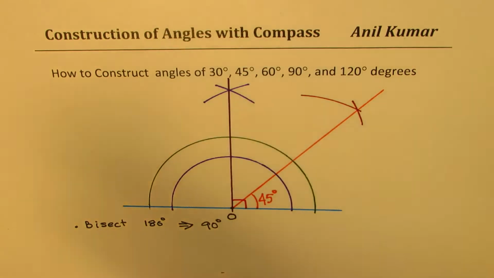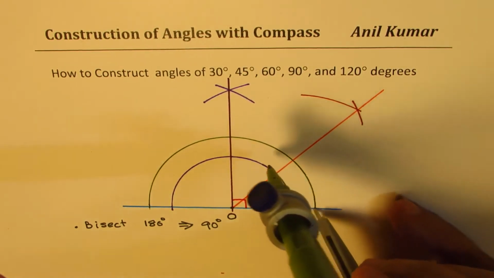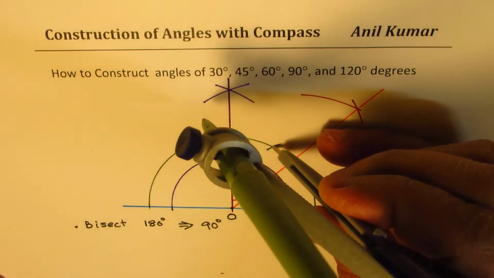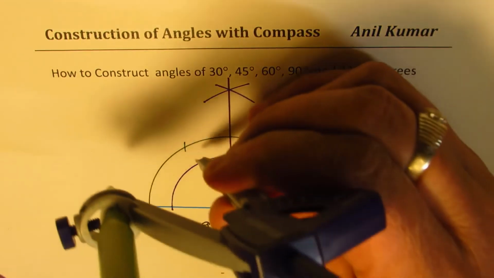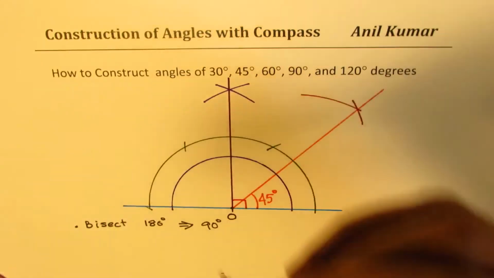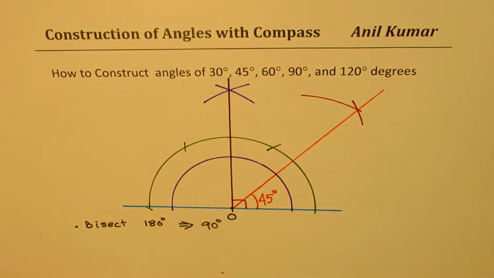But without changing the length of the arc, I'm going to cut this into 3 parts. See, one part, second part, and third part. So you will notice that exactly 180 has been divided into 3 equal parts. Do you see that? And what do you get?